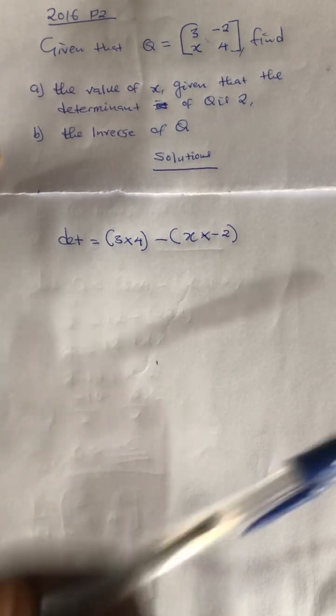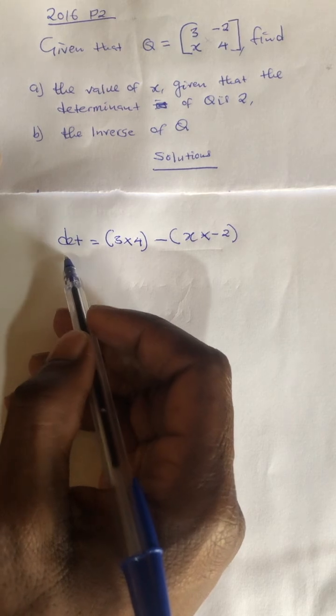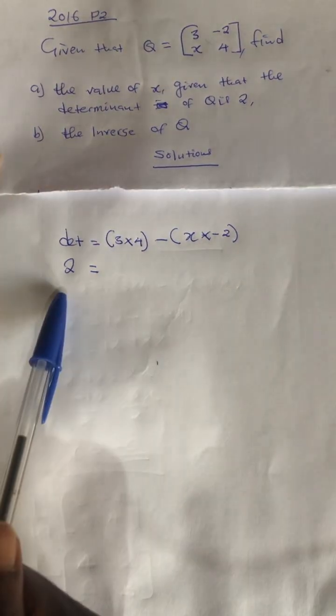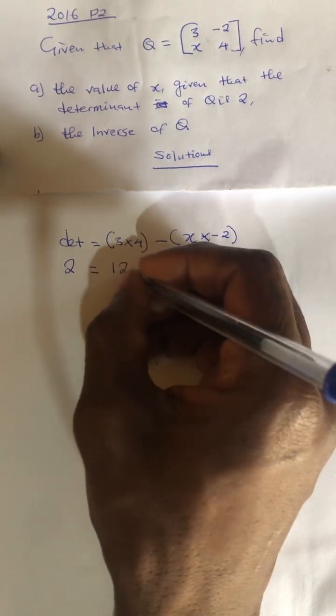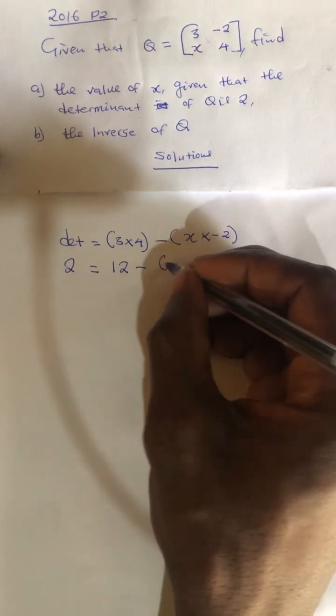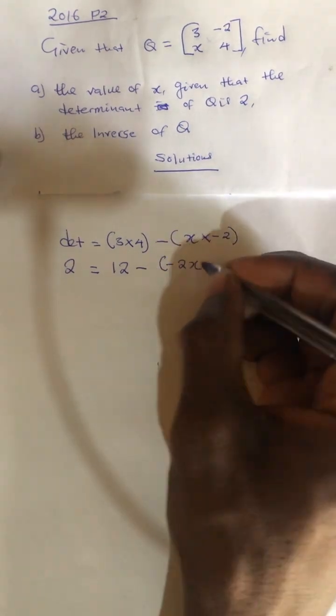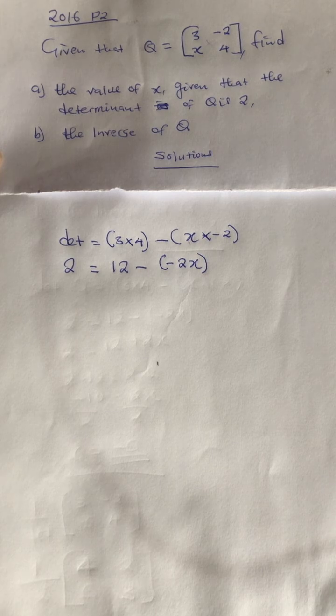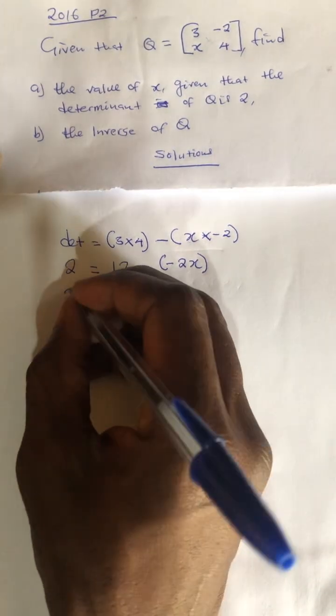Now, since the determinant has been given, we say 2 is equal to 3 times 4 is 12, minus x times negative 2, the answer is negative 2x. This looks like an equation as usual, and we are finding the value of x.